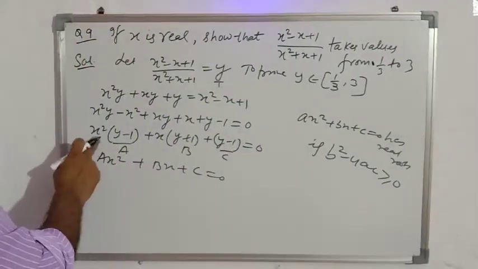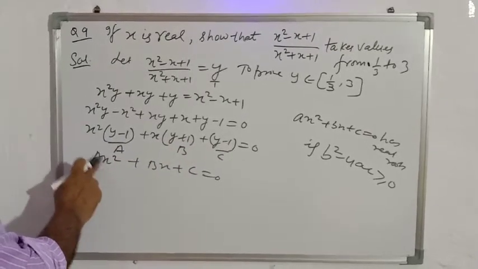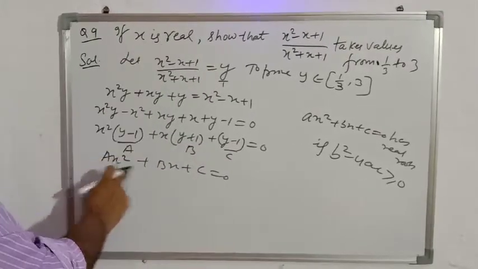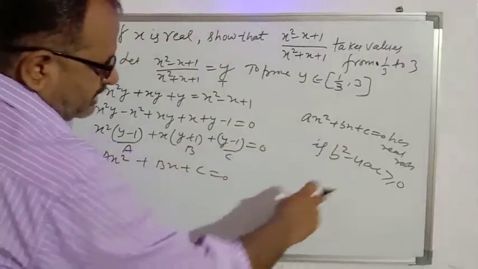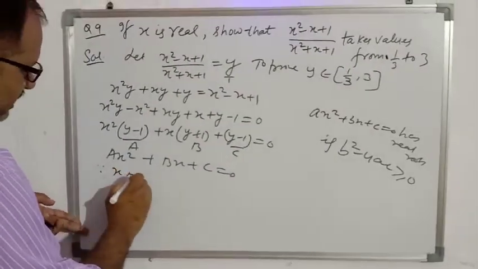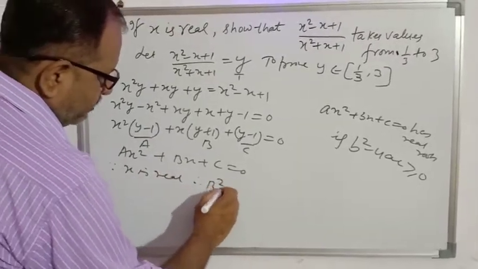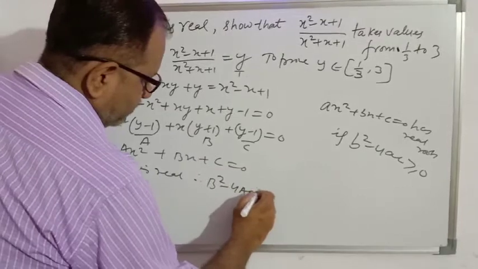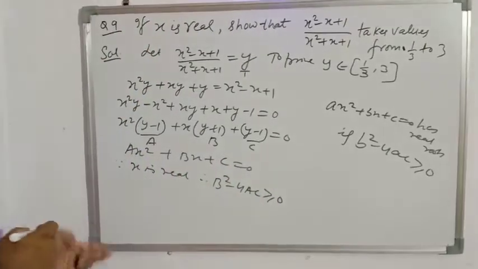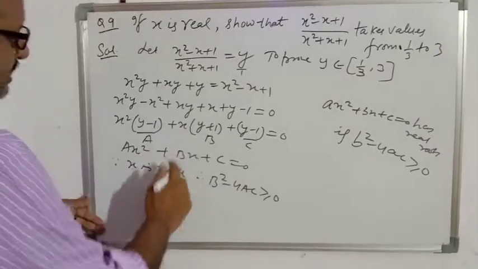So here it is a quadratic equation in x and x is real. Since x is real, therefore b square minus 4ac will be greater or equal to 0. What is b? b is y plus 1.